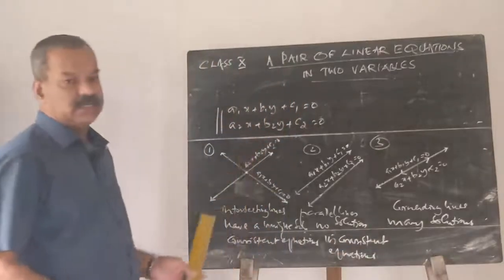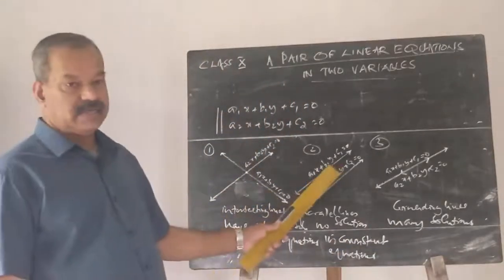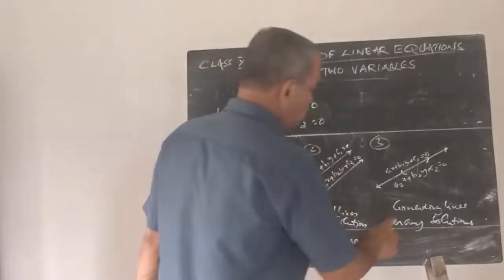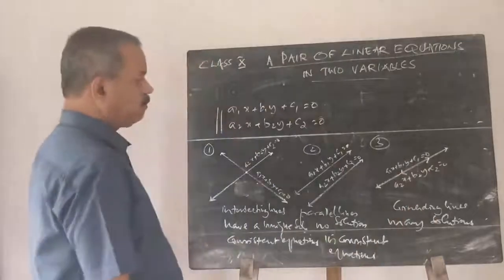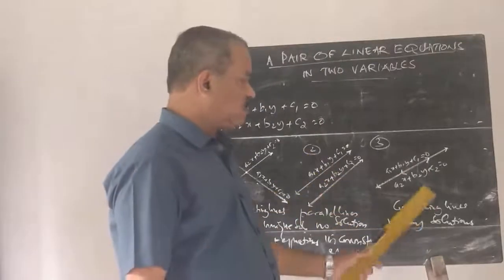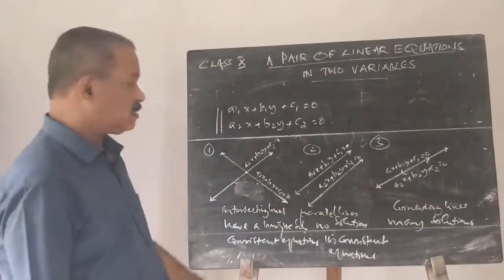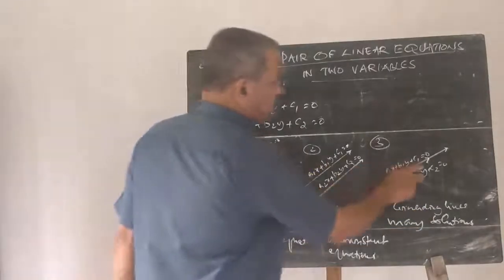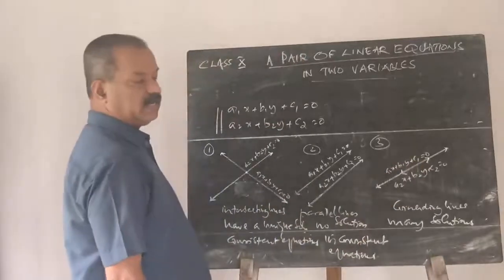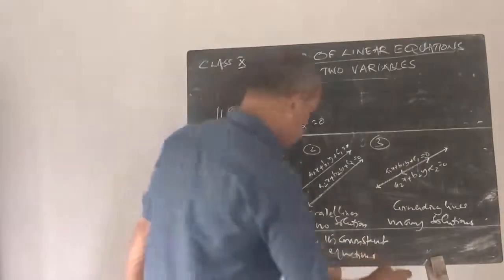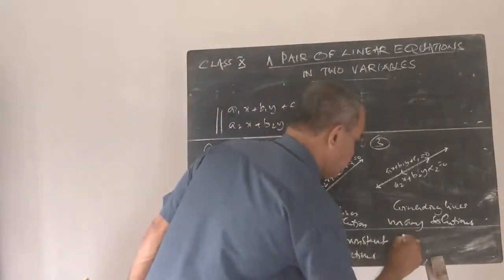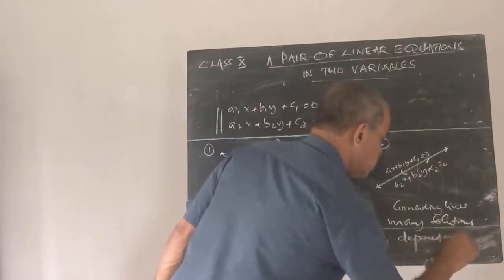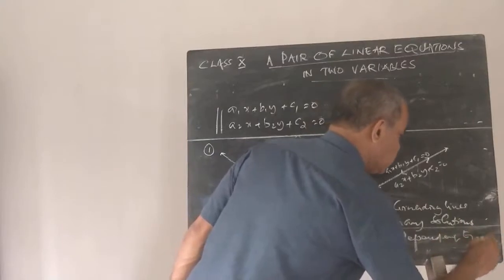So for inconsistent equations, graphs are parallel lines and have no solution. Now the third pair, graphs of coinciding lines. These have many solutions. The equations having the graph of coinciding lines are called dependent equations.